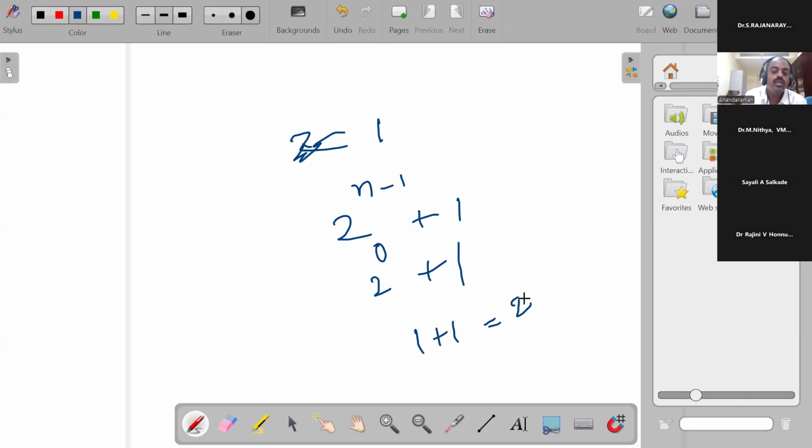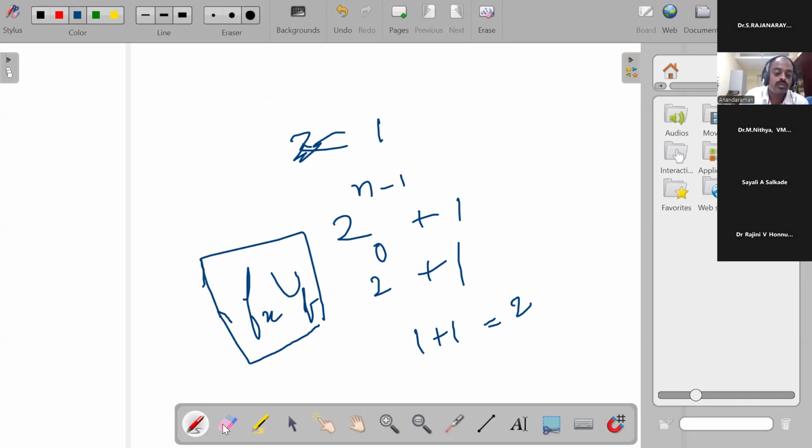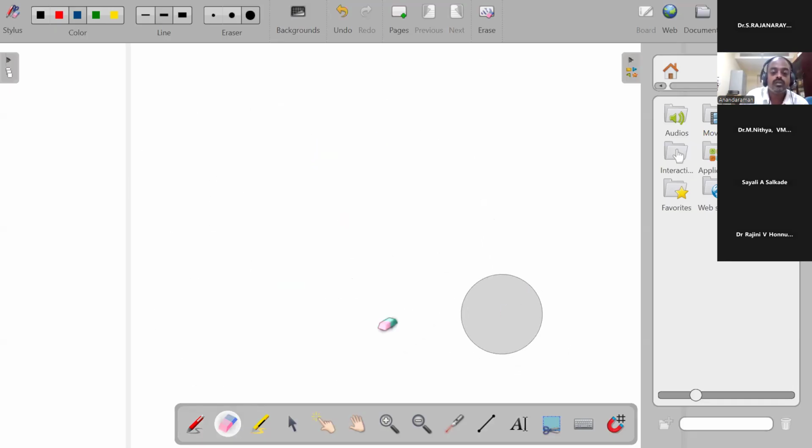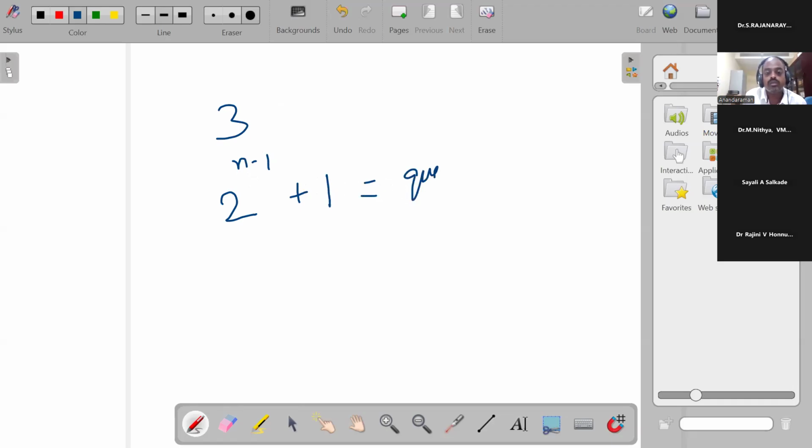If the function takes 1 input, that is the unitary of f, then we need 2 steps in classical, but in quantum it is done in 1 step. Similarly, if the input is more, for example you are dealing with 3 inputs, then that is 2 power n minus 1 plus 1 queries you have to do to find out whether it is constant or balanced.